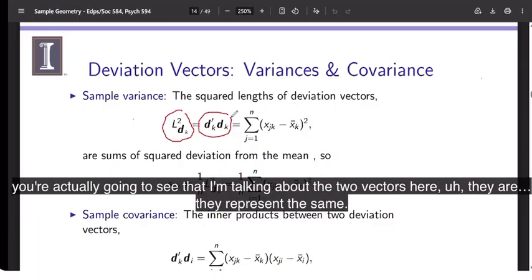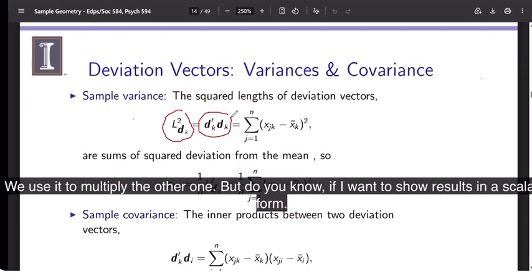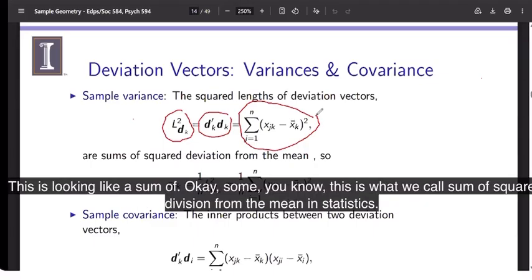They represent the same deviation vector for a particular variable, except that we transpose one and use it to multiply the other one. The expression in scalar form is this. This looks like a sum of squares. This is what we call the sum of square deviation from the mean in statistics.